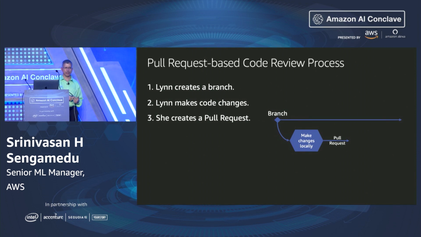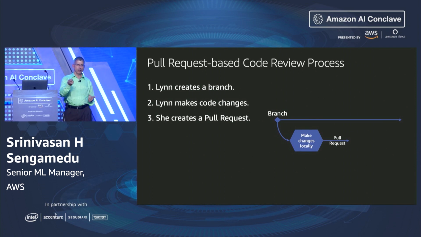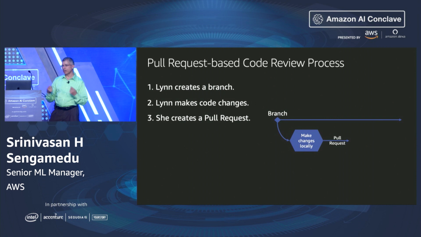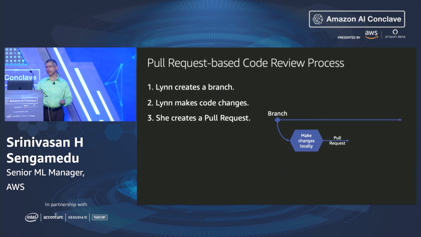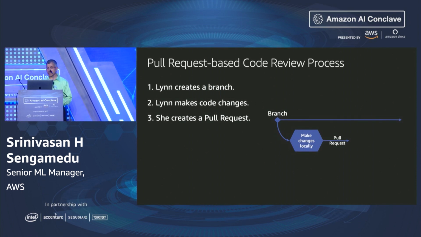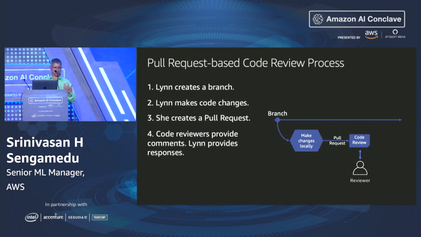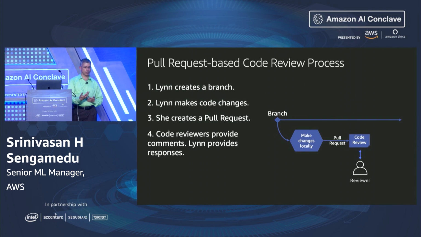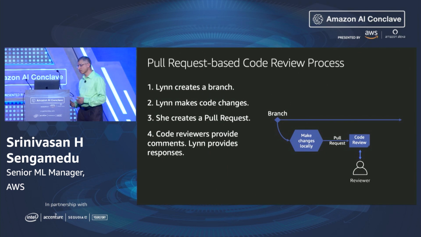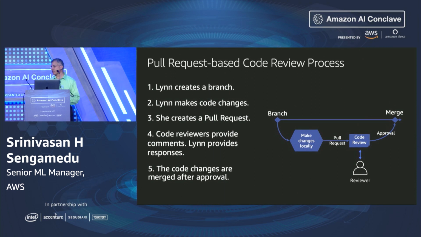So it's basically a notification for the reviewers that this code is ready for review, and they can clone it, take a look at it and give comments. A code review process is basically an interactive process. The reviewers provide comments, and the developer either responds to the comments or makes changes. And once the changes are approved, it is merged back into the main line. So this is the pull request based code review process.